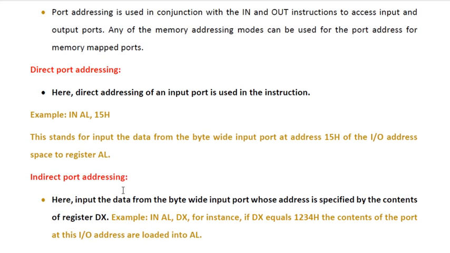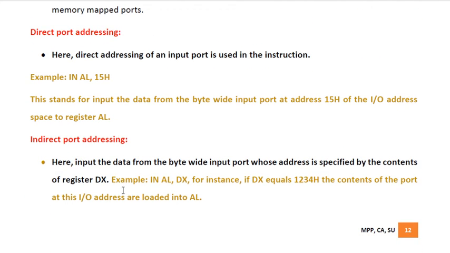Likewise, you have indirect port addressing. In indirect port addressing, the port address is specified in a register. Input the data from the byte port whose address is specified by the content of the register DX. For example, IN AL, DX.